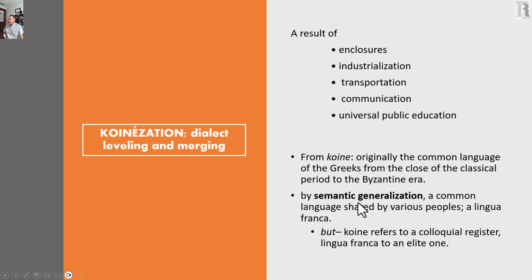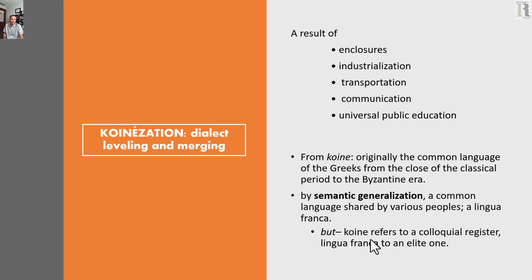A process of semantic generalization happens where a common language is shared by various people, a lingua franca. This is what a koine is. But a koine, unlike a lingua franca, refers to a colloquial register of everyday speech, whereas a lingua franca is an elite register spoken by like an international superclass. So like in early modern Europe, French was a lingua franca of European courts, but only among the aristocracy.